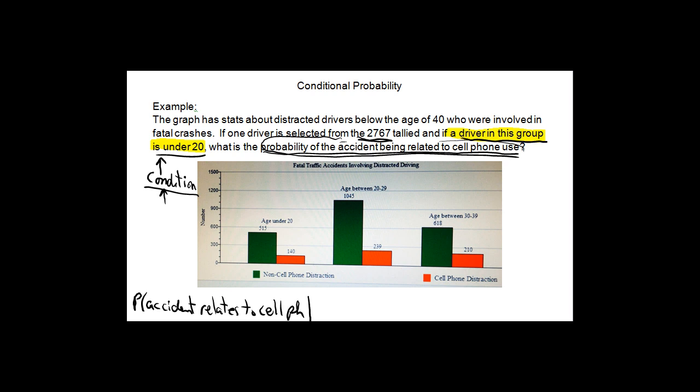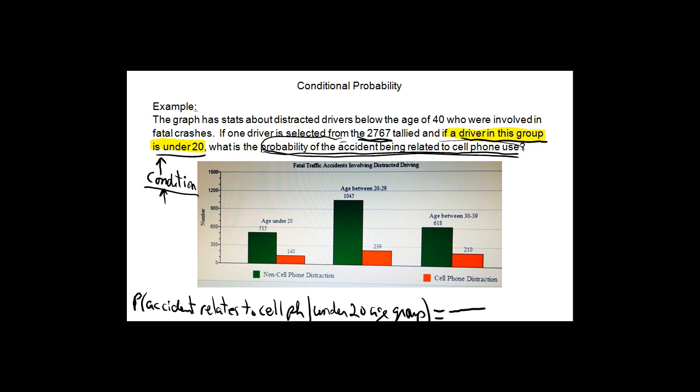The condition is that the driver is under 20 age group. And again, we know we can use the basic probability principle here. So we just need to find the numerator and denominator.